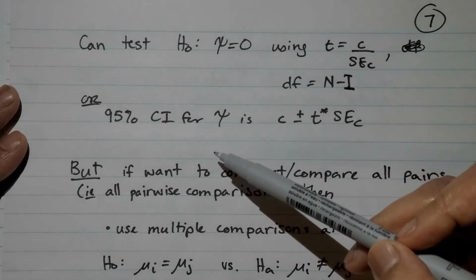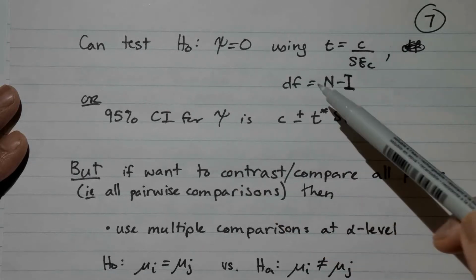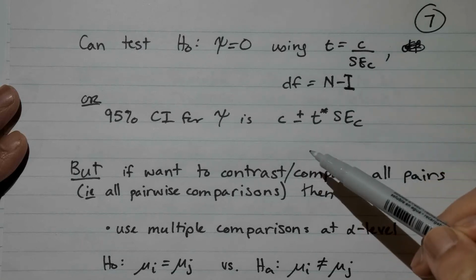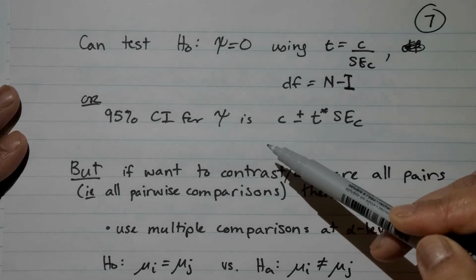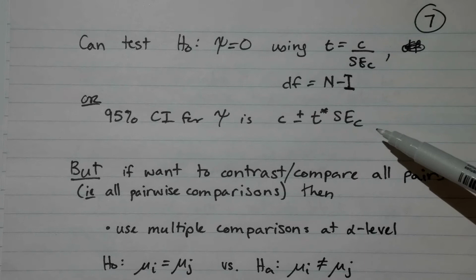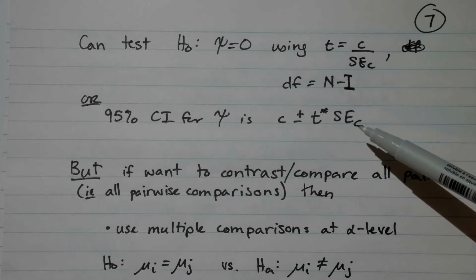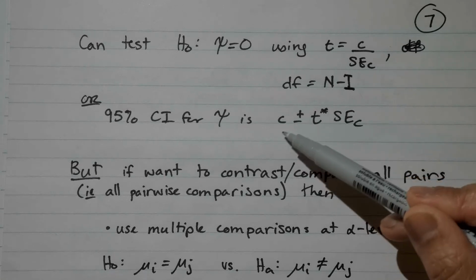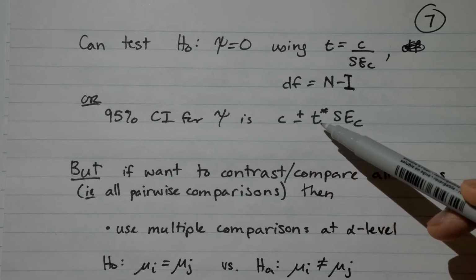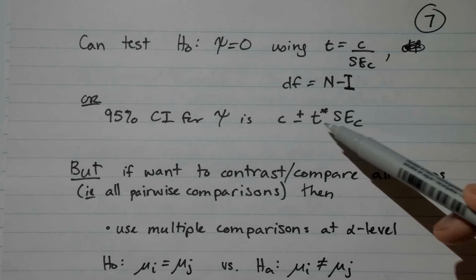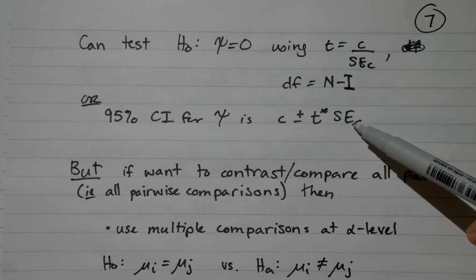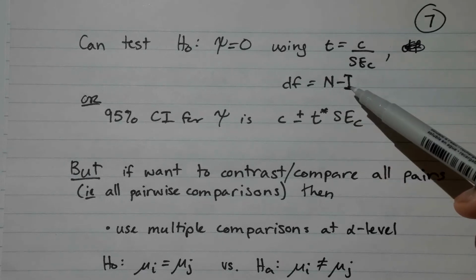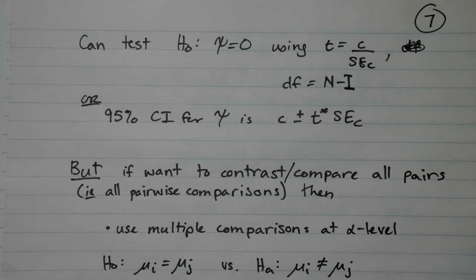The p-value depends on what the alternative is for your hypothesis test. Or we could also build a 95% confidence interval for psi, which is given by C, the sample estimate of the contrast, plus or minus T star times the standard error of our contrast. Again, T star is based on that N minus I degrees of freedom.